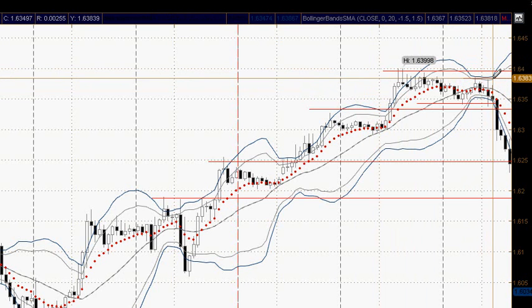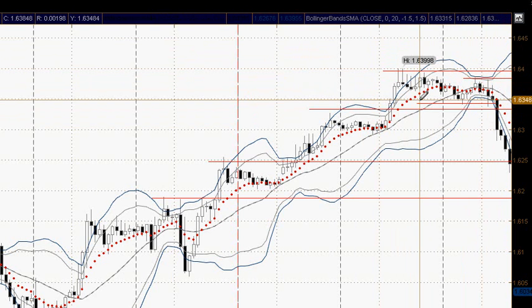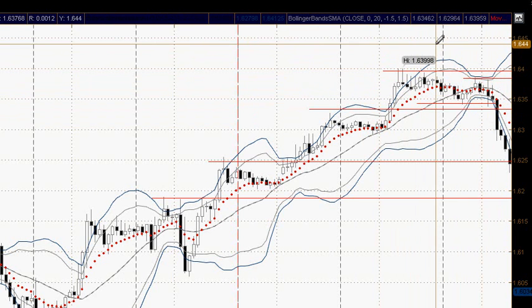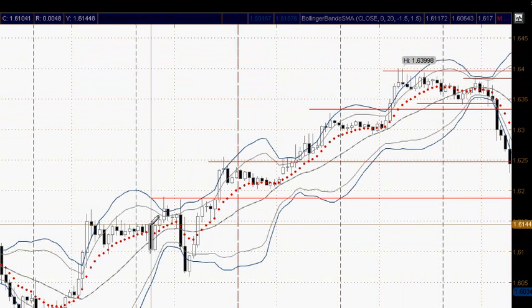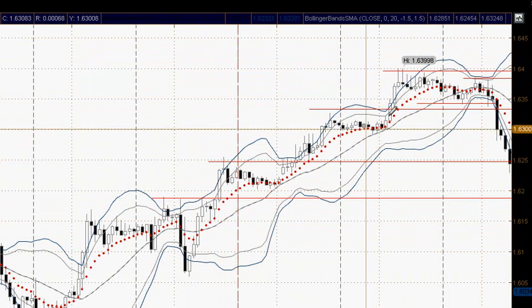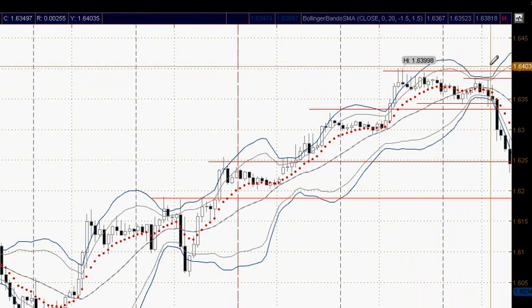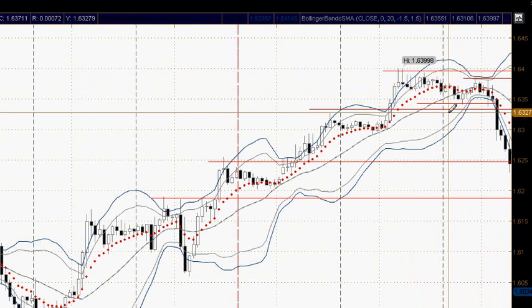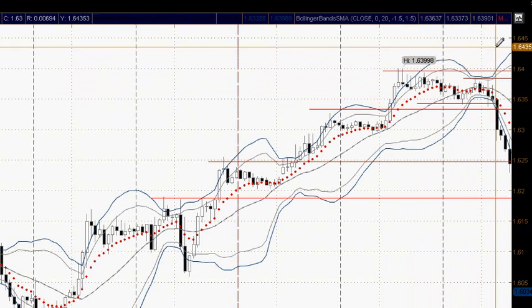At the same time, Bollinger Bands begin to pinch, and what we want to do when we see this happening, again, we're going to reverse this for the downside, but for the upside, is watch as price makes its way up, and then fails to make a higher high. If price was still moving up, as it corrected here, it would have made its way up to the 1.643 level.